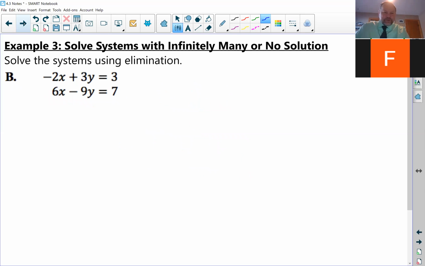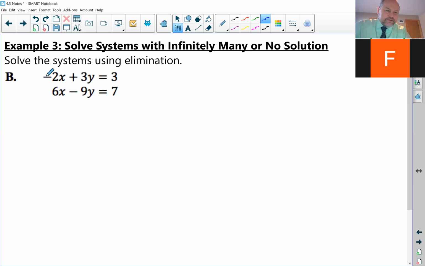Example B, -2x plus 3y equals 3, and 6x minus 9y equals 7. Again, I do not have exactly opposites. I do not have coefficients that are exactly the same. So now I look at my x's.